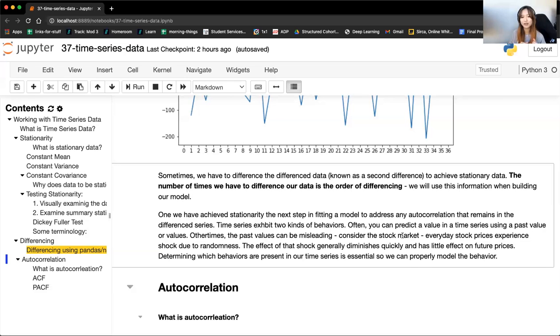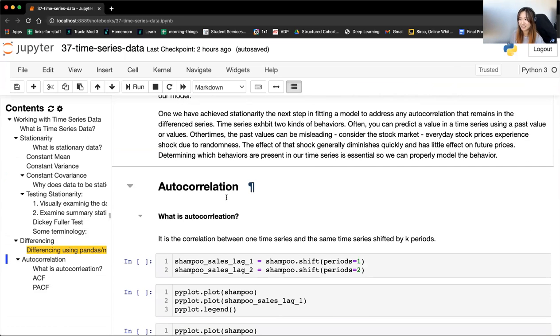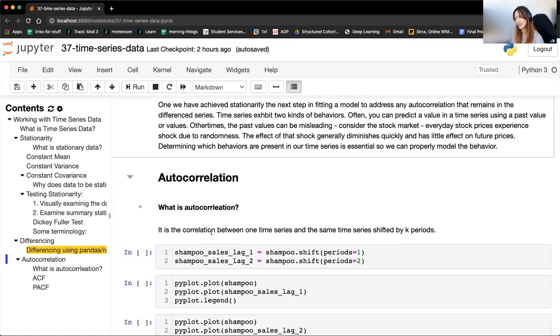All right, so let's talk about autocorrelation. Autocorrelation, as the name suggests, means there's some correlation happening. Autocorrelation is the correlation between one time series and itself shifted by a number of periods. Let's say you have an arc shaped pattern one day, but then maybe a week later, you have the same arc shaped pattern.